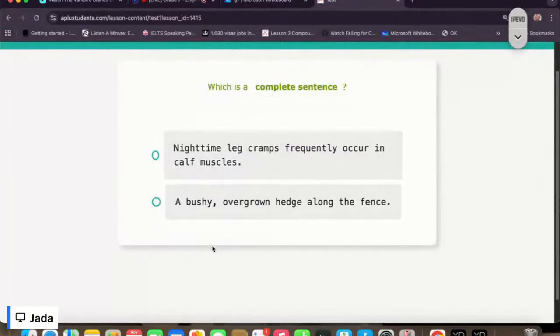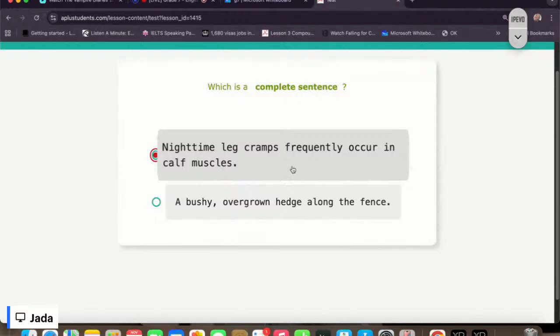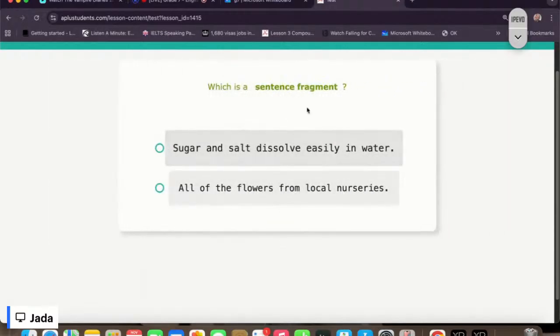All right, so for the complete sentences, what do we have here? All right, so we have the first one, which is a sentence fragment, first or second.